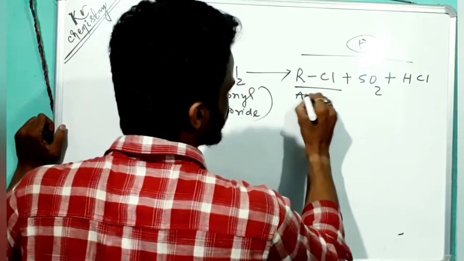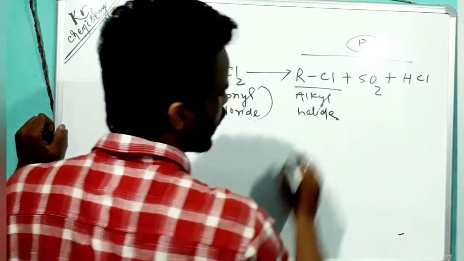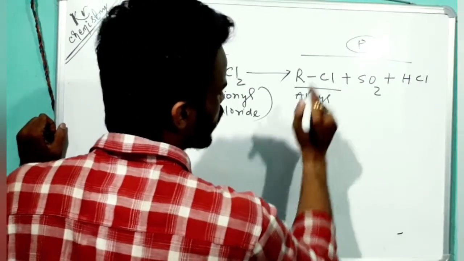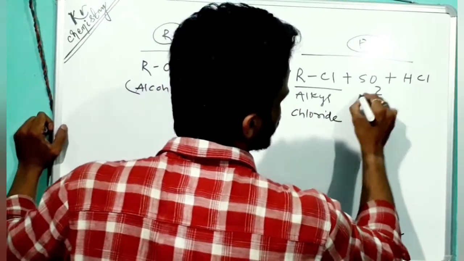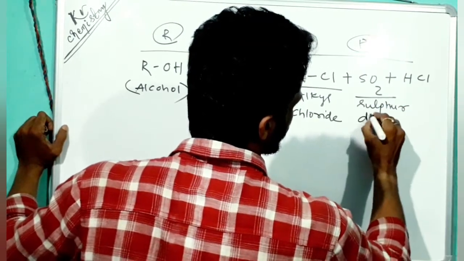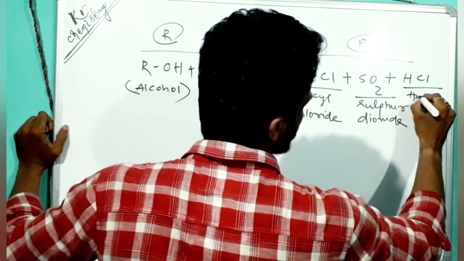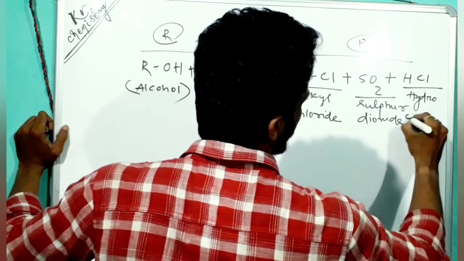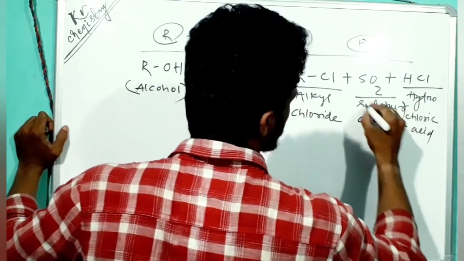This is alkyl halide, or alkyl chlorine, means alkyl chloride. This is sulfur dioxide, and this is hydrochloric acid.